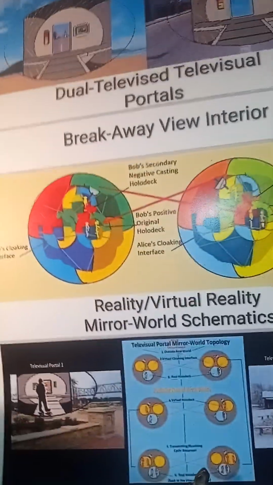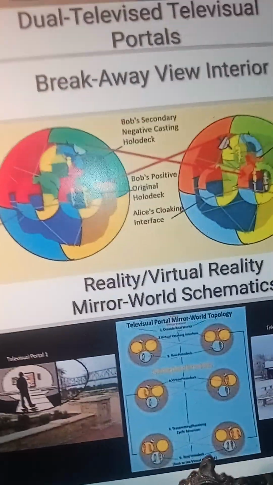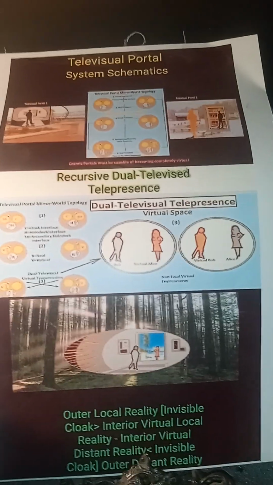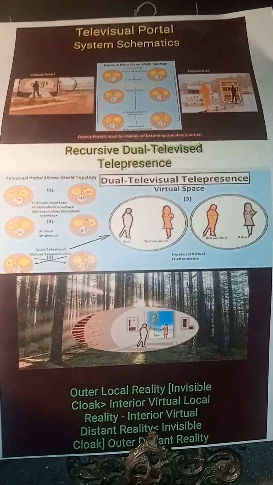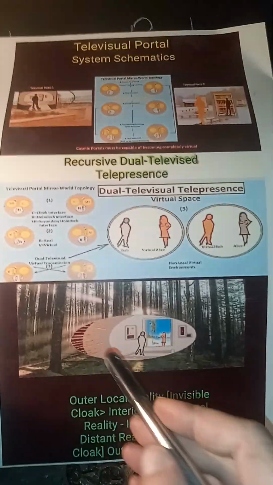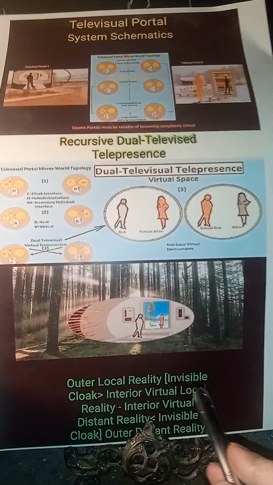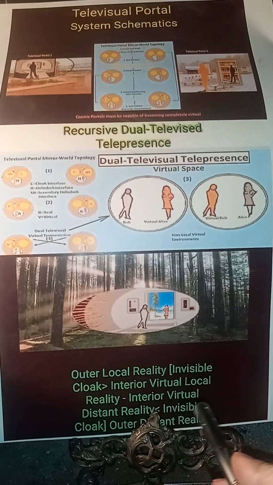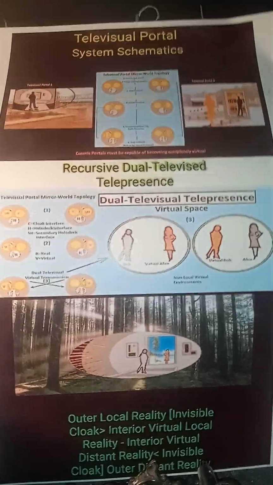This is another view of a televisual portal system. There's an outer local reality, invisible cloak, interior virtual local reality, interior virtual distant reality, invisible cloak, and the outer distant reality.